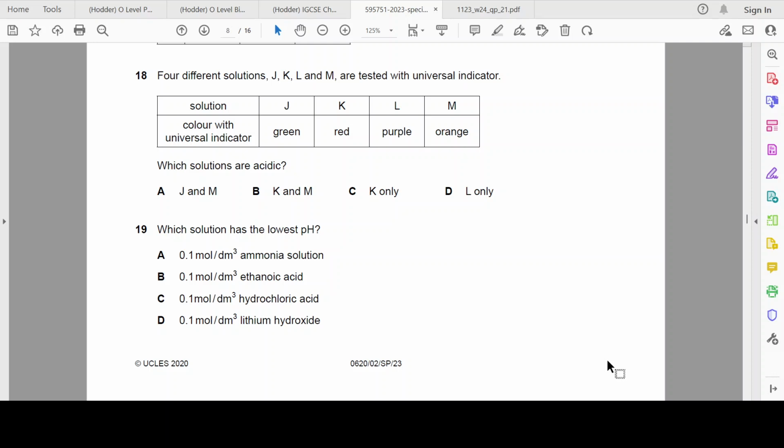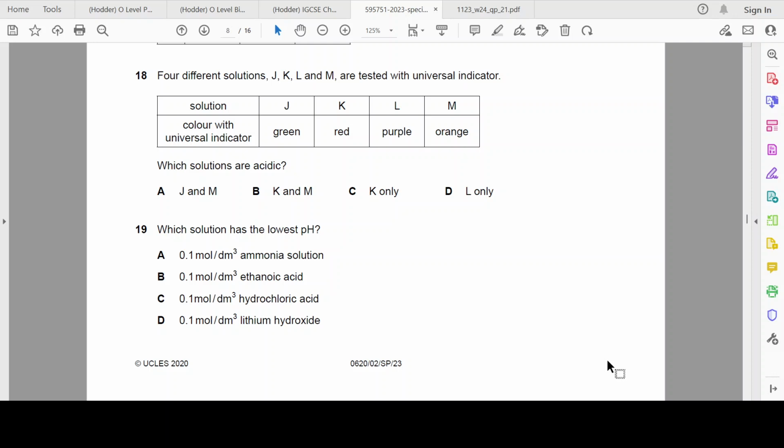So ammonia solution is alkaline, and lithium hydroxide is also alkaline. So it's either ethanoic acid or hydrochloric acid. Now we know hydrochloric acid is a strong acid and ethanoic acid is a weak acid. Strong and weak acids mean how many protons they have available.